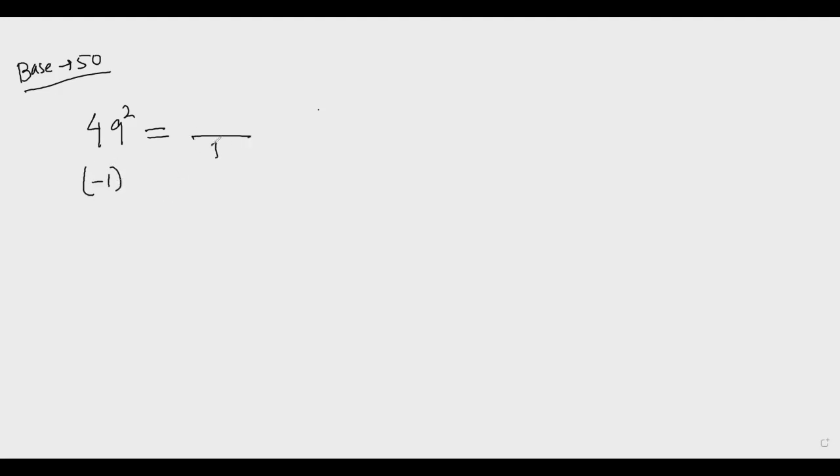So what we are going to do here is 25 key number minus 1. So that will be 24. And then lastly, 1 square. 1 square is 1, but it will be 01. Is that okay?